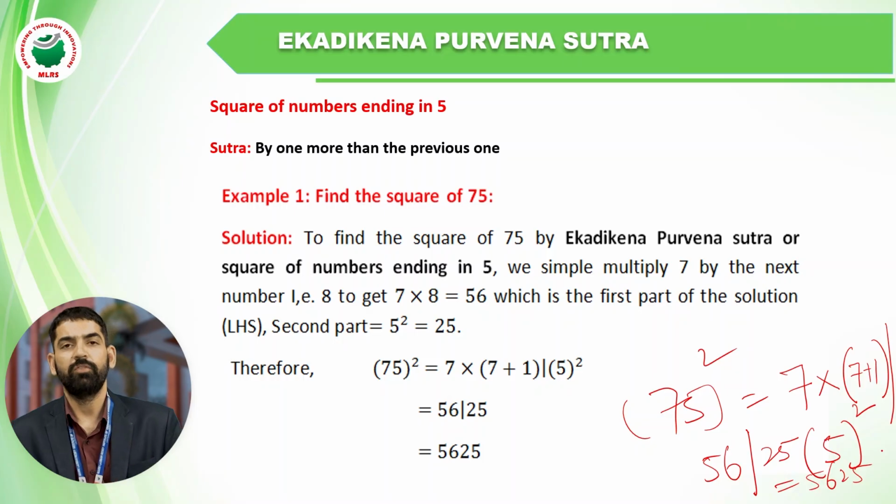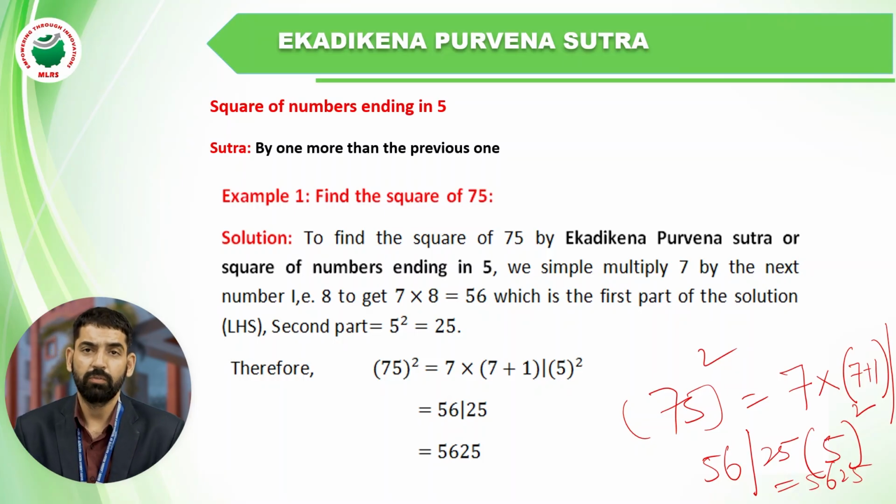In this way, we can find the square of any number ending in 5 using Ekadikena Purvena Sutra. Again, in the first example, 75, you take the product of 7 with the number immediately following it, which is 8. So 7 into 8 is 56.